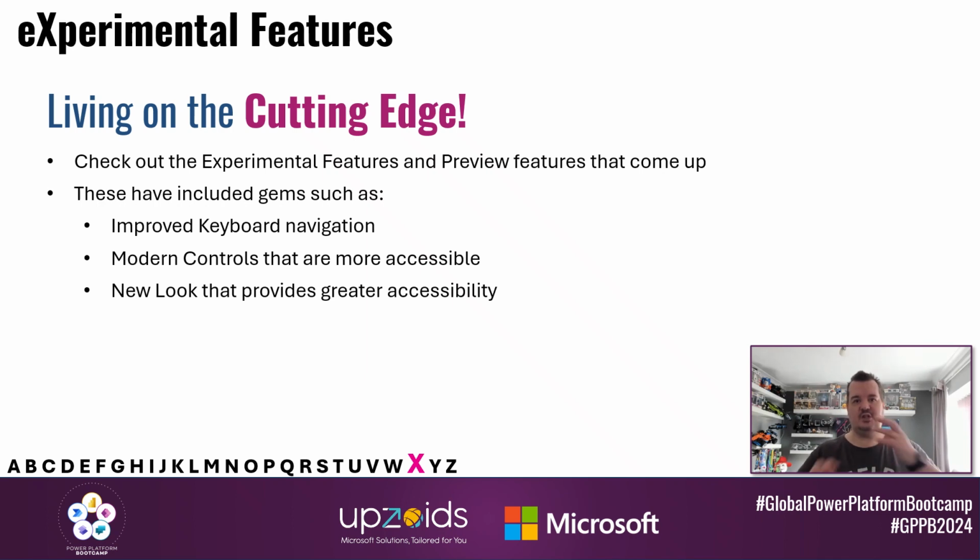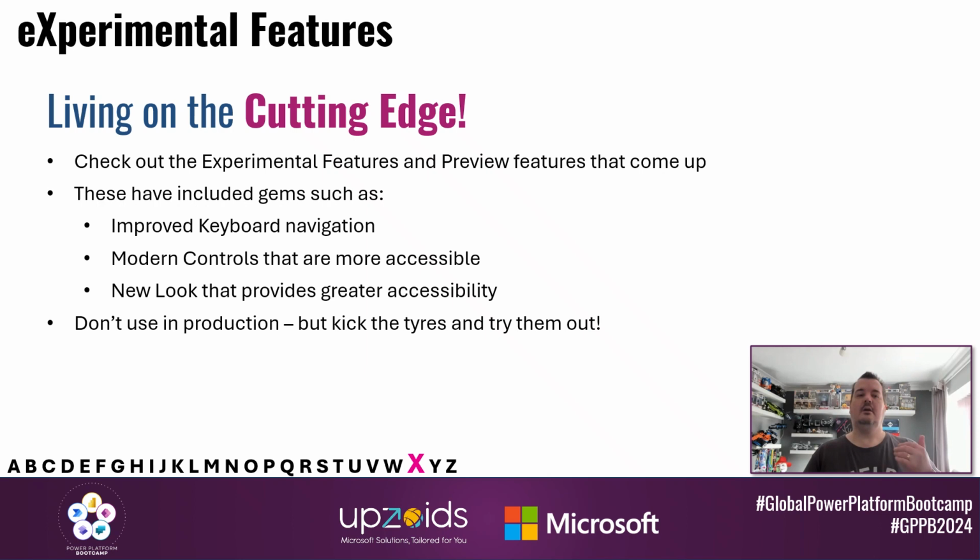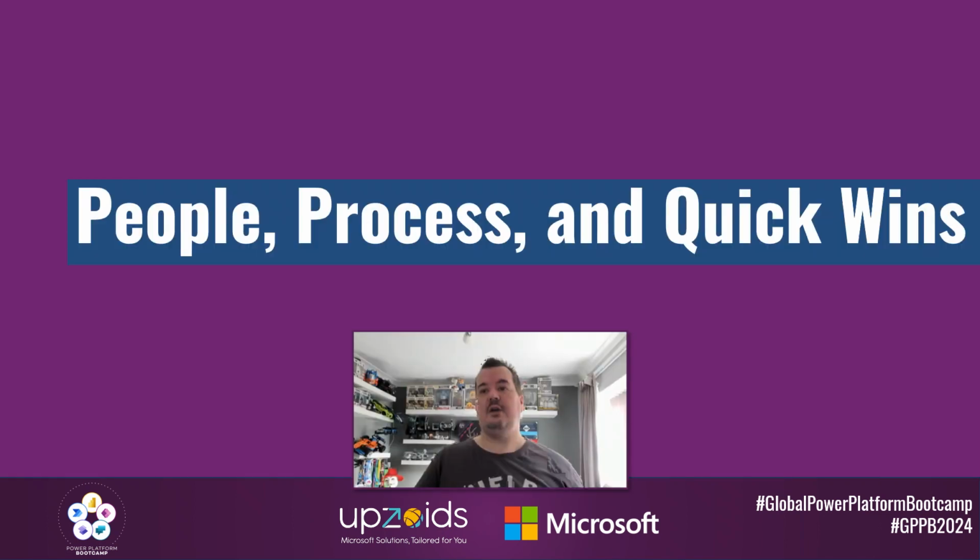Preview features you can switch on, you can toggle, you can have a play with. Don't use them in production. I would never say use preview in production, but I would really strongly recommend that you kick the tires, you try it out, you give it a go, you give it a whirl and you see what you can do. And then you're prepared for when they are released and you can roll those features out.